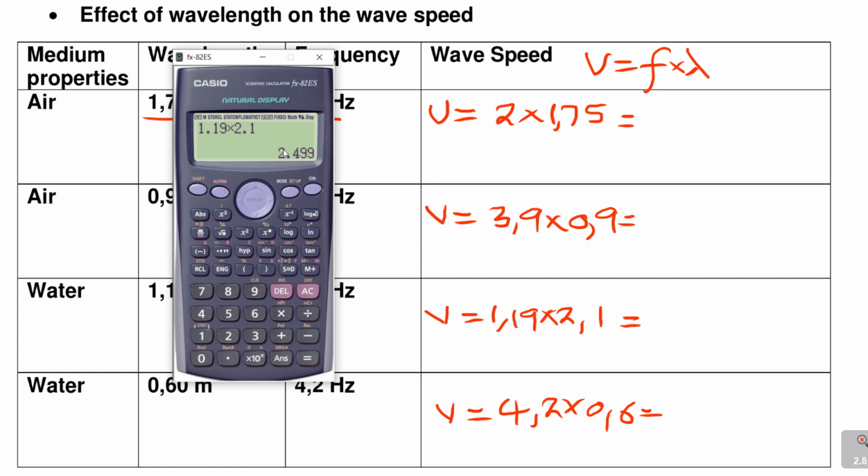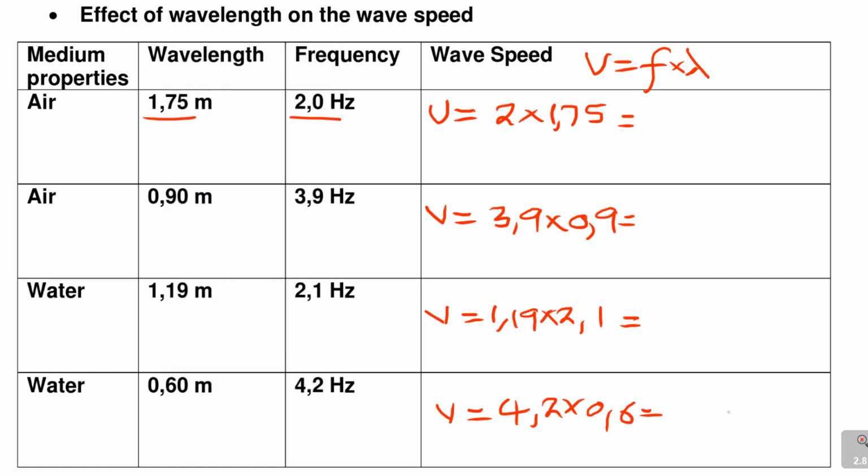And 4,2 times 0,6 also gives 2,5. So here you are getting 2,5 meters per second, and here, rounding off to one decimal place, 3,5 meters per second.